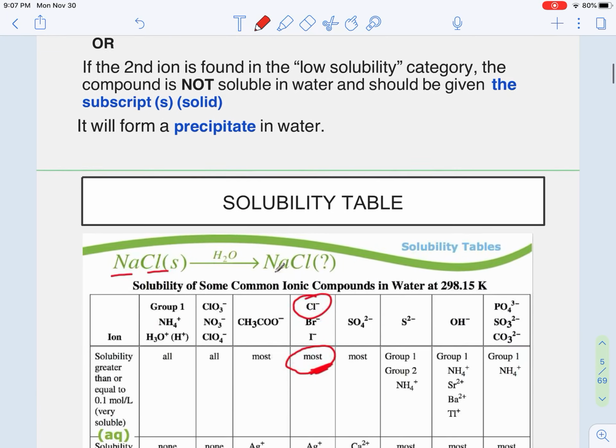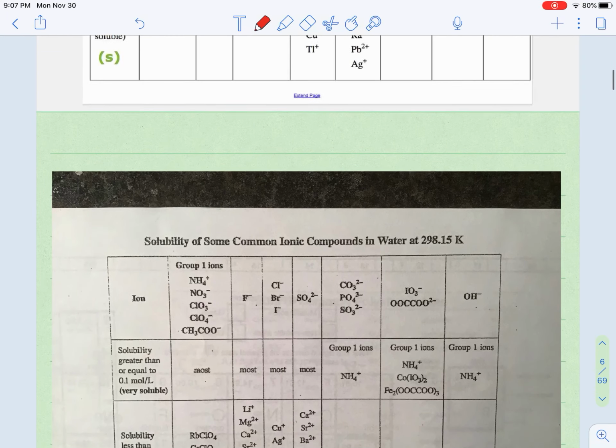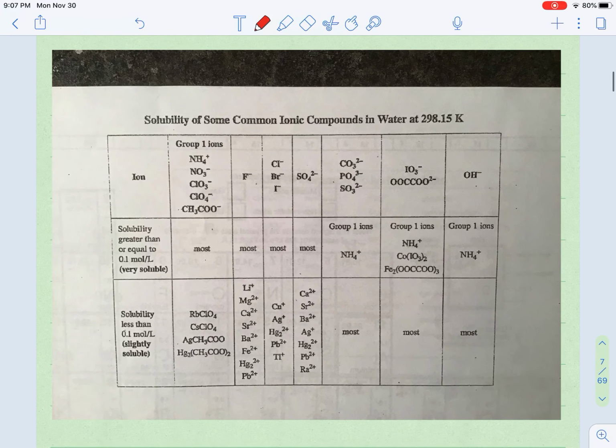And I will just go to our table right here, and let's say that we're talking about silver bromide, for example. If we were using that one, silver bromide together, we found that when they're together, you found bromide over here and silver over here, indicates that it has a low solubility.